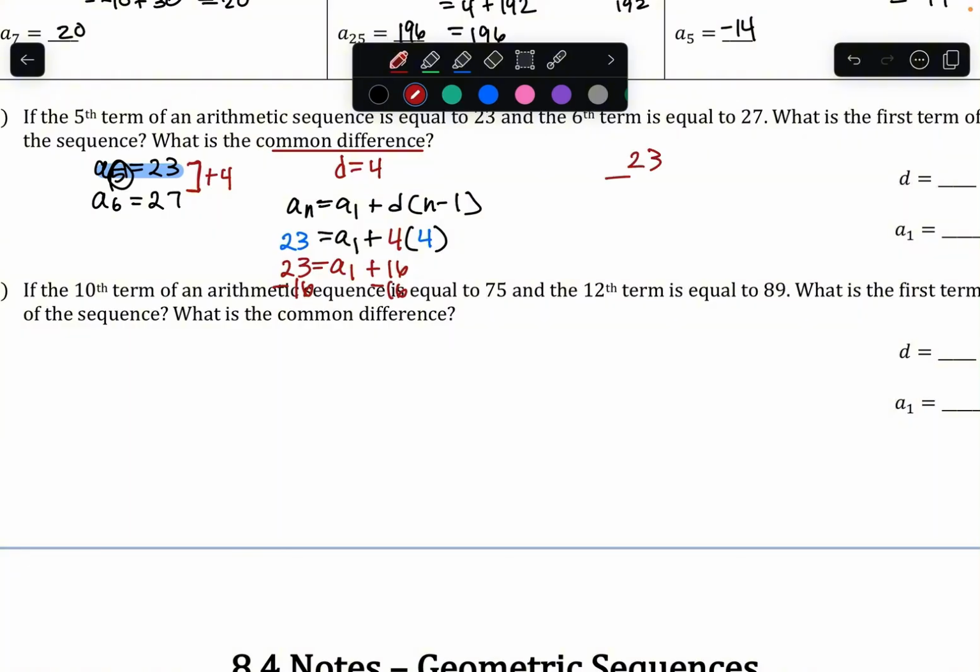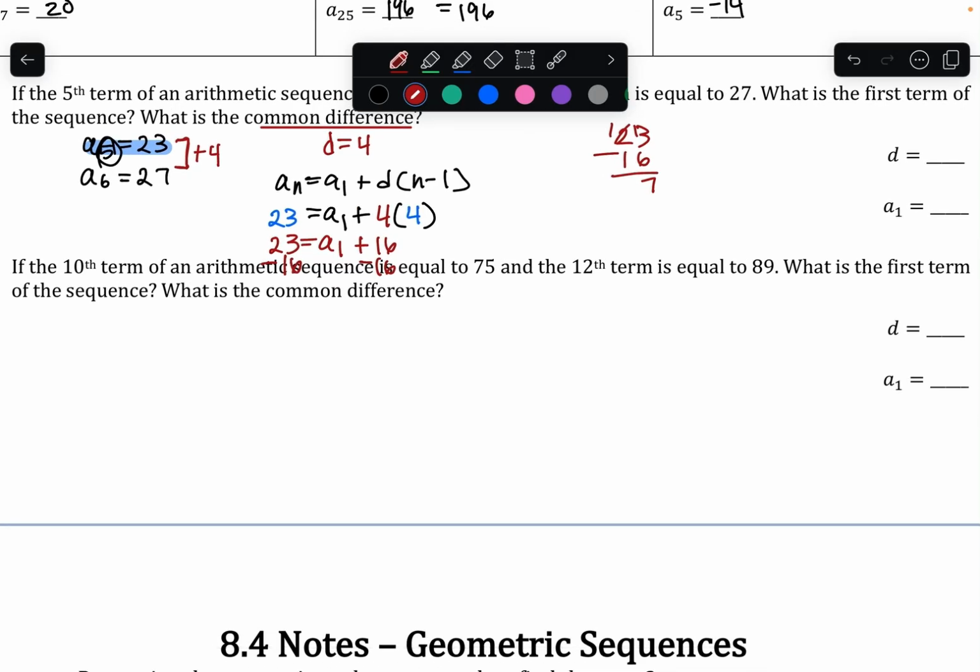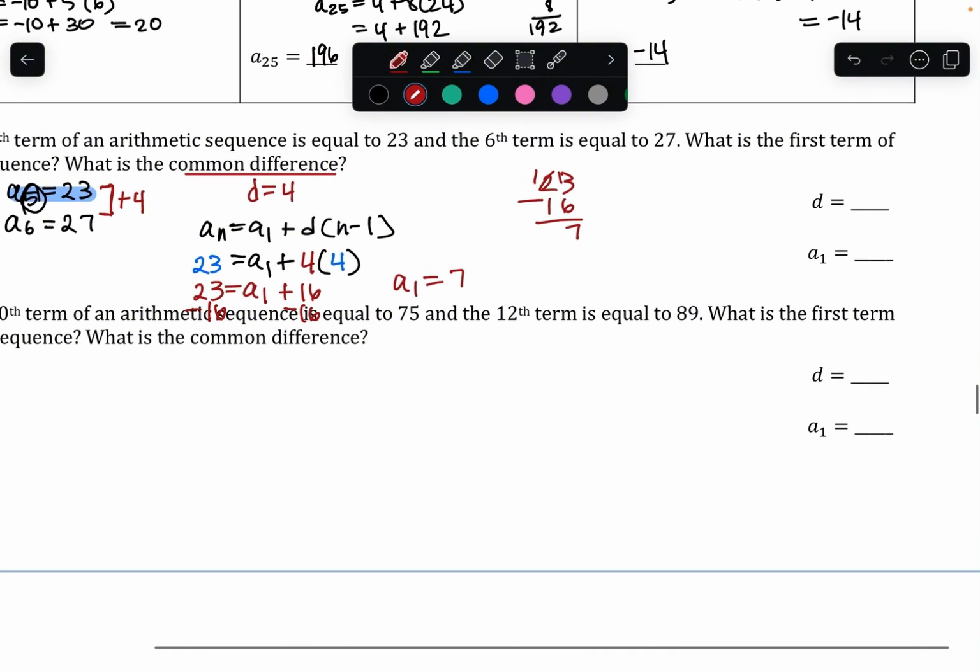And 23 minus 16 is 7, positive 7. So our first term is 7. Okay, and so our first term is 7, our common difference is 4. And then let's just check that because I'm not sure. So A1 is 7, and then if we keep adding 4, that would take us to 11.